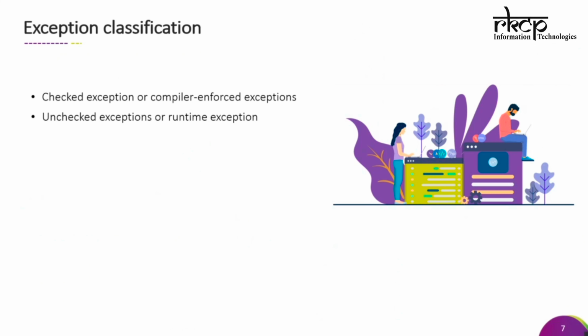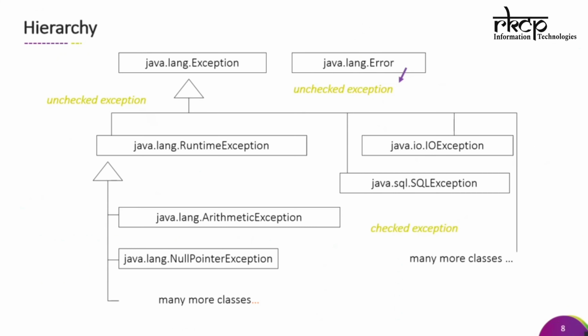If you are going to use any resource in your program, like a file, a database, or a remote machine, then for the resources, what are the exceptions? Those will be checked exceptions.